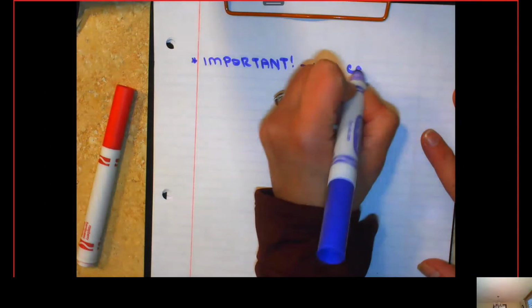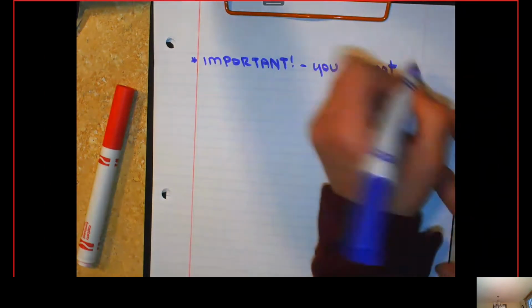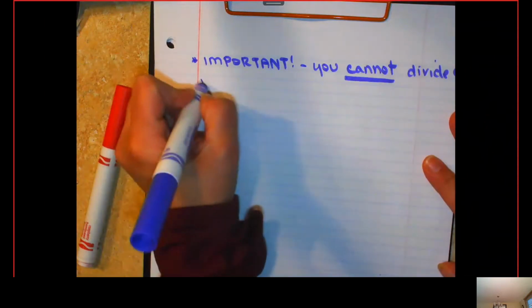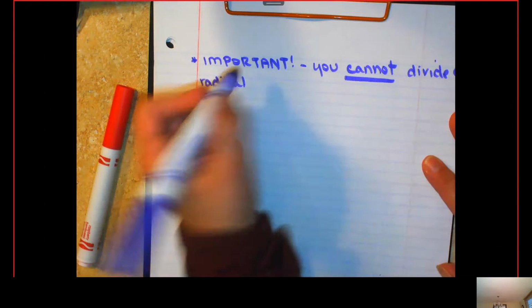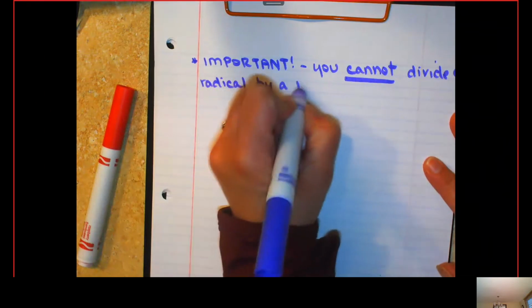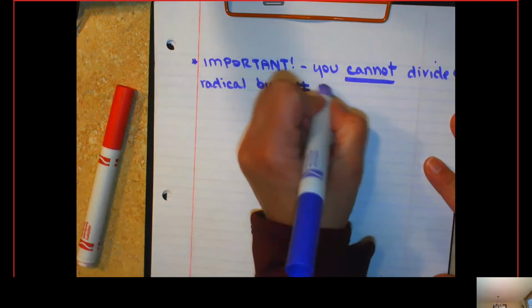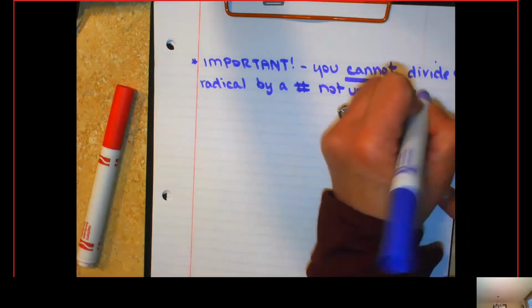So can you write, you cannot, I'm going to underline cannot, you cannot divide a radical by a number, you can use the number symbol, by a number not under the radical.